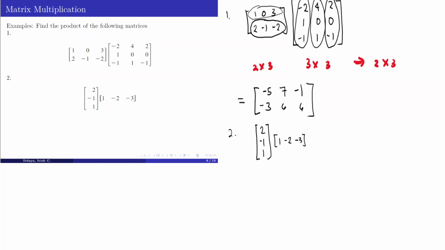Okay, so again, try to see first if the product is defined by looking at their sizes. So this one is a 3 by 1 matrix multiplied by a 1 by 3 matrix. Therefore, the resulting matrix or the product will be a 3 by 3 matrix. Okay, so we multiply these two.